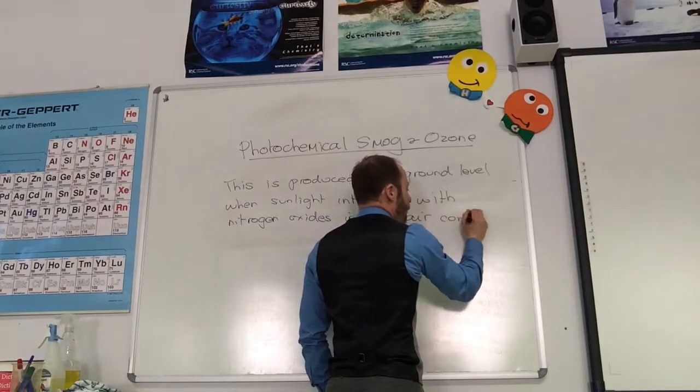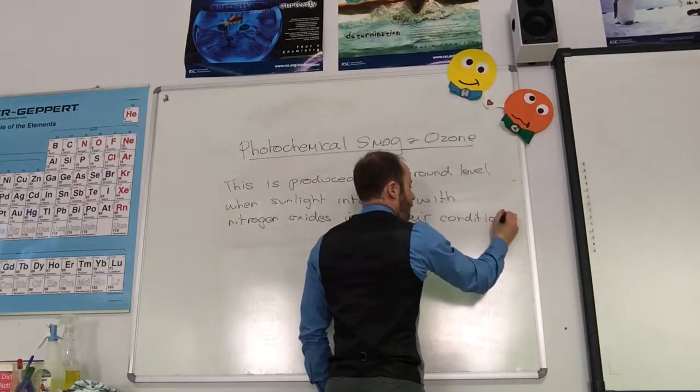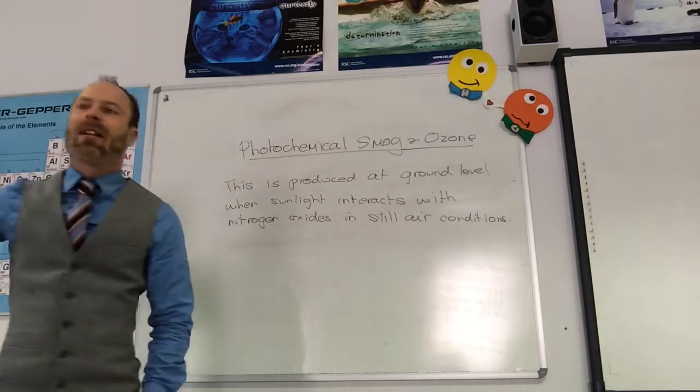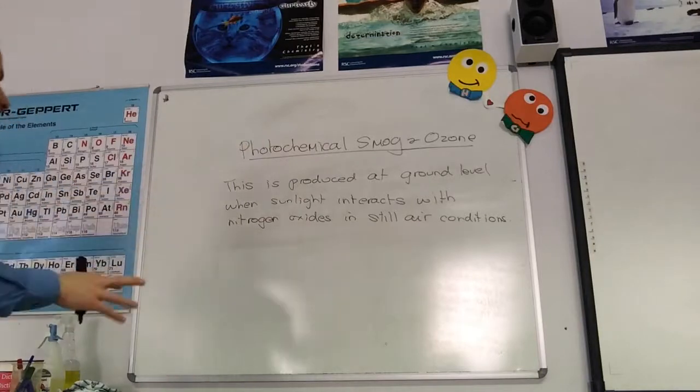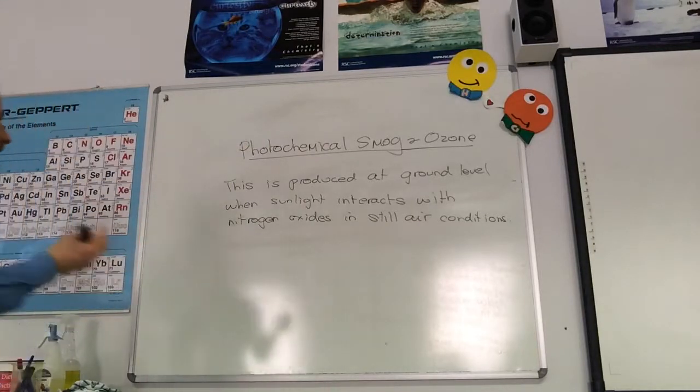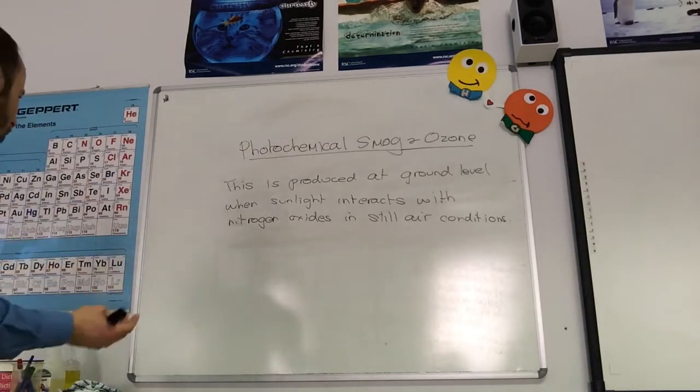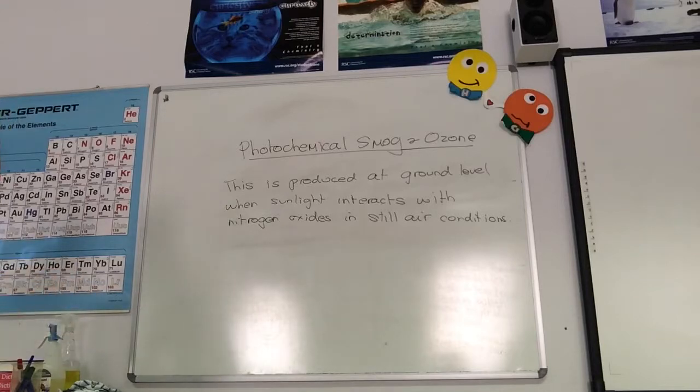So you don't have much wind, because the wind moves the air around, so it stops that happening. But if you get bright sunlight, the air's not moving around, so it's a very still day, and you have nitrogen oxides building up, then you get this photochemical smog kicking in.